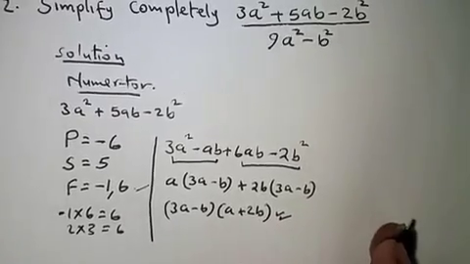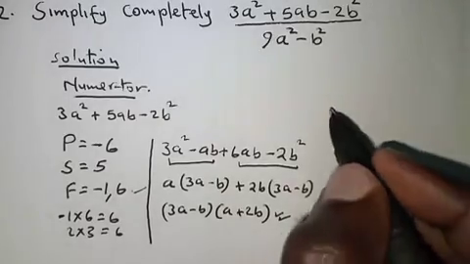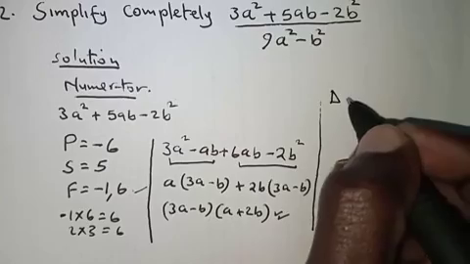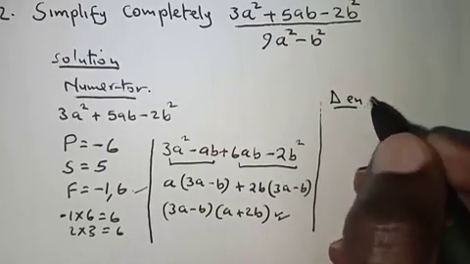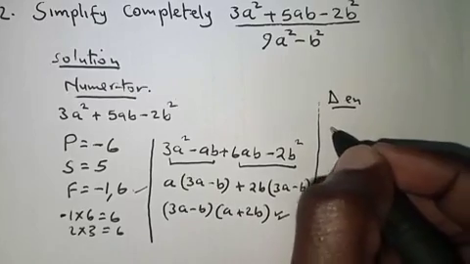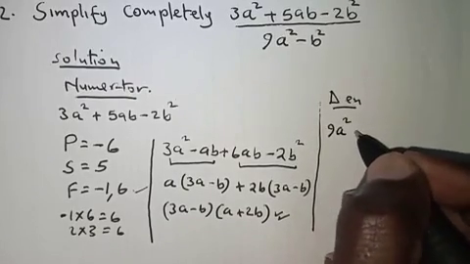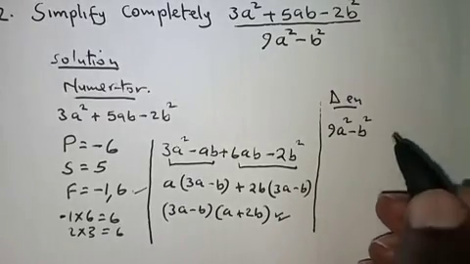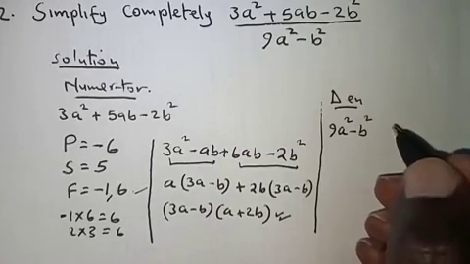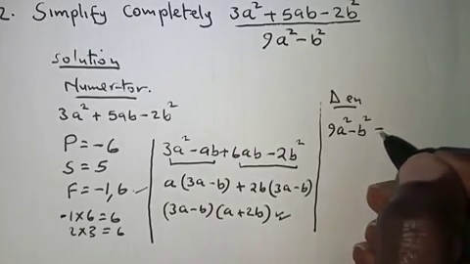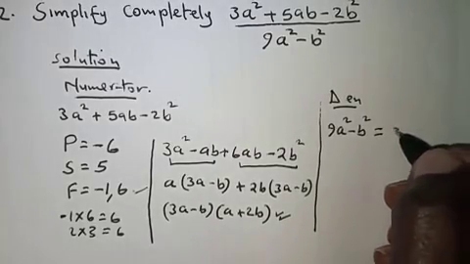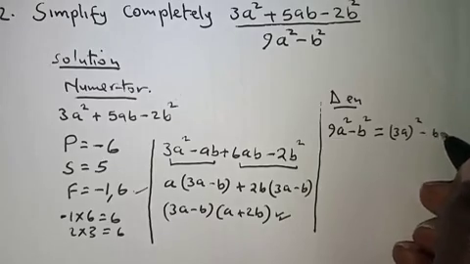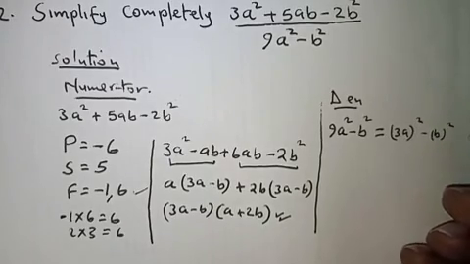Now when it comes to the denominator, we have 9a squared minus b squared. We should identify that this is a difference of two squares, and the two squares are 3a squared minus b squared.